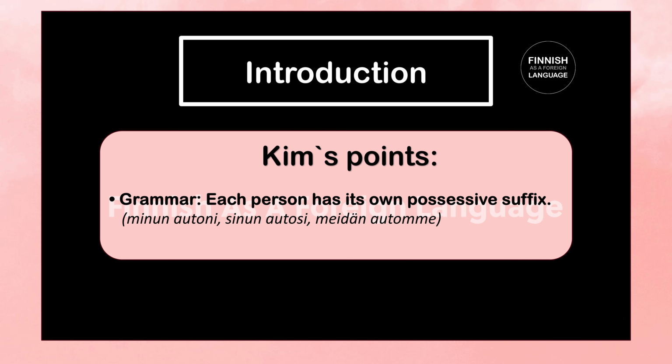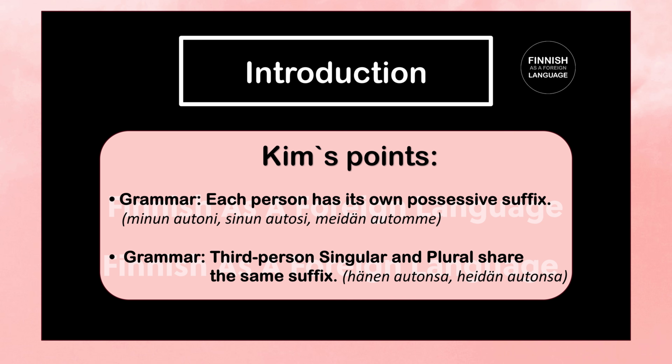So as you see here, the possessive suffixes do change depending on the person. However, the third person singular and plural share the same suffix. For example, hänen autonsa, which means his or her car, and heidän autonsa, which means their car. In both examples here, we have the same suffix, which is ensa.